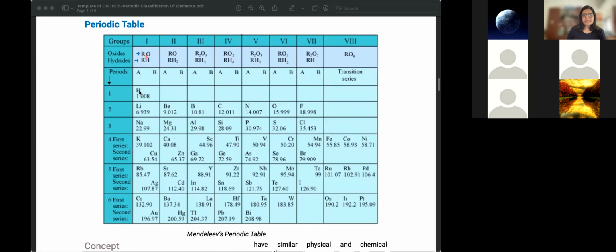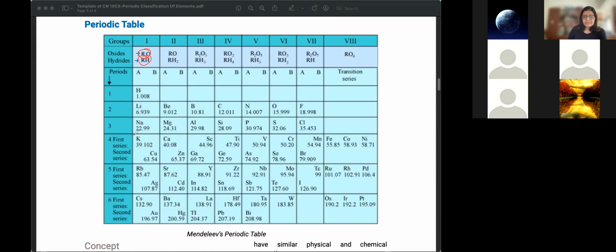Okay. So let's say hydrogen, lithium, sodium, potassium, all these made the same type of oxide, same type of hydride. Within this, instead of putting them randomly, he started off with the smallest one and then slowly arranged them in increasing order of atomic mass. Okay. And then he recognized the differences within certain types of elements.